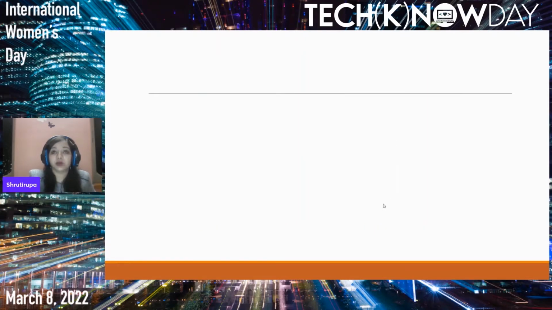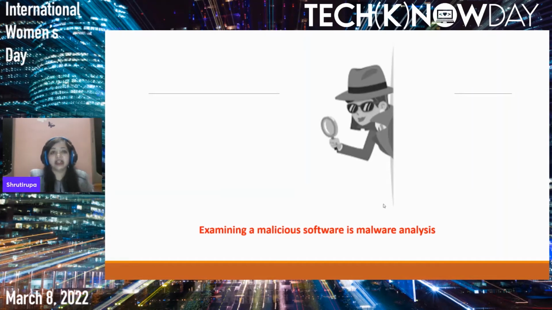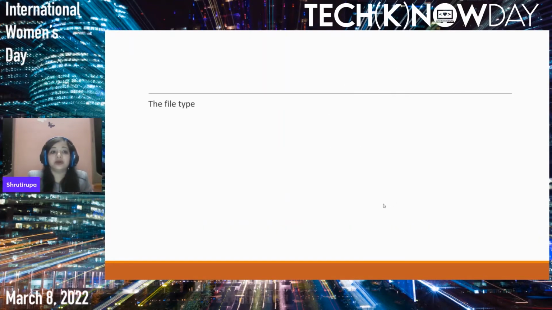So the next thing: what are we actually trying to analyze in malware analysis? Getting back to the previous slide before moving ahead, I would like to mention a few things. As I said, when a software or a piece of code performs some kind of malicious activity, we call it a malware. So what do we look for even while building a software or writing a simple program? We look for the file type.